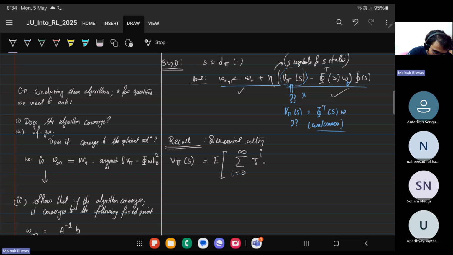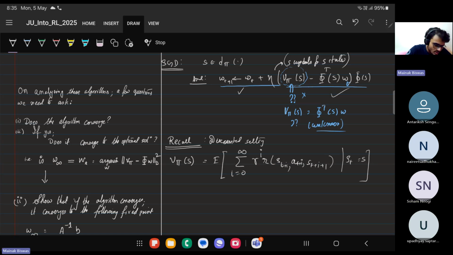Gamma to the power i, the reward function between state st, at, and st plus i plus 1, correct? Yes or no? Given st is equal to s. Do you agree? This is the reward function. This is what we want to learn.